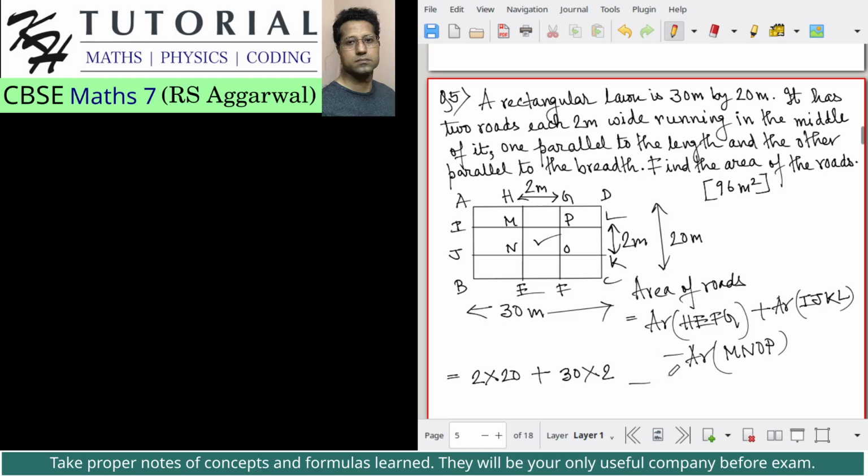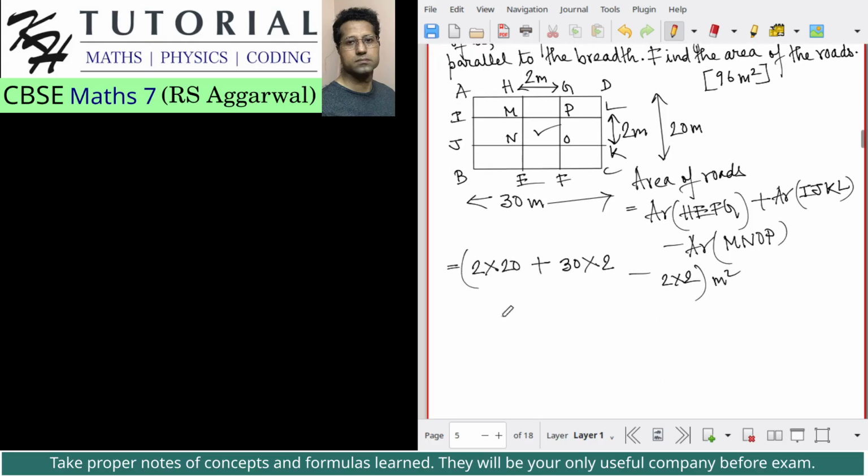And then minus the area of the common rectangular region, which is a square of each side 2 meter, so 2 multiplied by 2. This whole meter square is the area of the roads. So this is equal to 40 plus 60 minus 4 meter square, and this is 100 minus 4 meter square, which is 96 meter square.